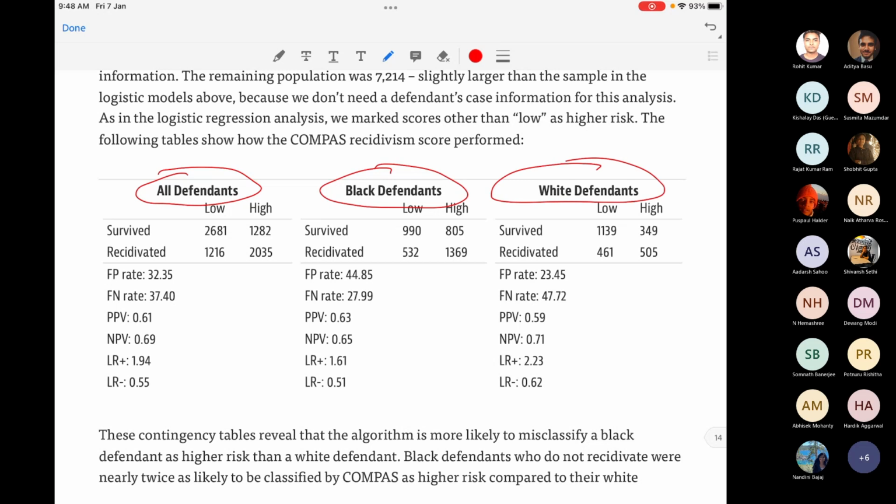Again, just to remind you, what is the false positive rate? How is it defined? Come on, you should be able to tell this.